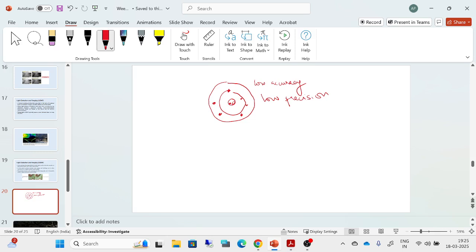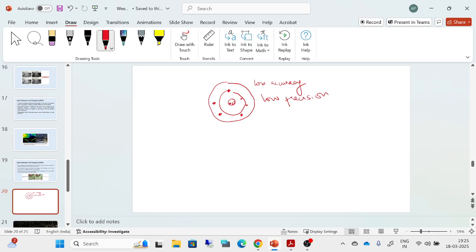So that is what accuracy is. Here the true value will be when all these points are at the center, but it is not. So accuracy is low, and precision is low, because precision is a statement of the smallest unit of measurement to which data can be recorded.